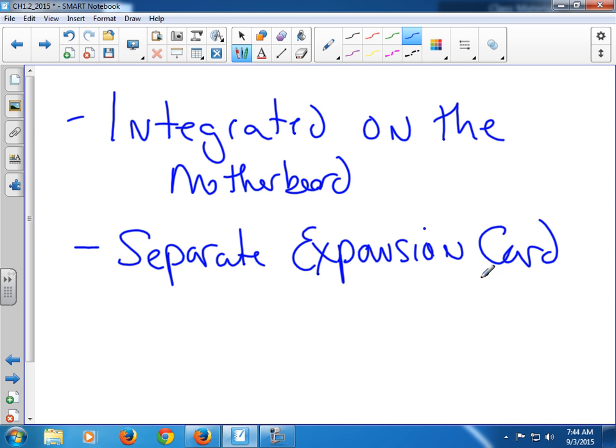And the term expansion card is really used for any card that is plugged into a motherboard that expands the capabilities of the motherboard, okay?